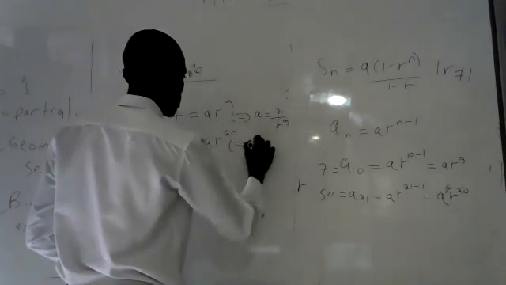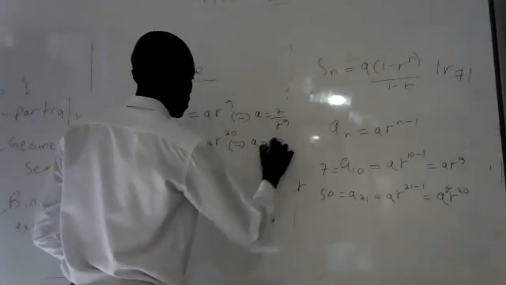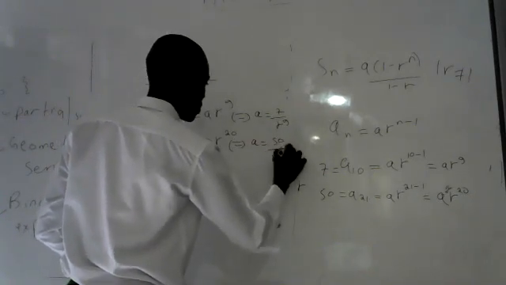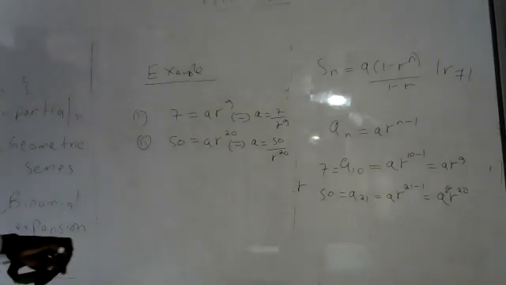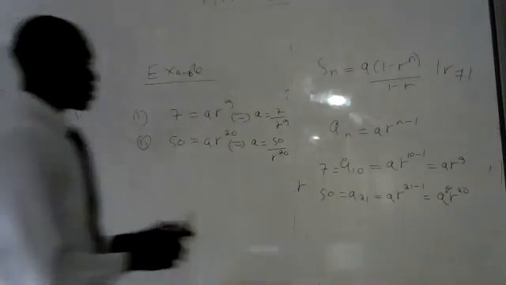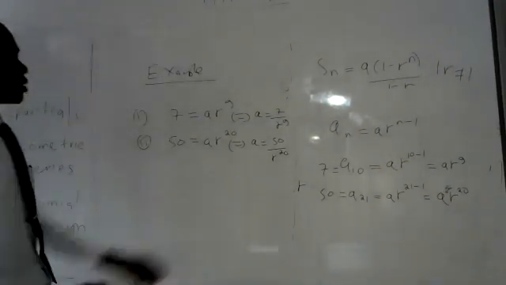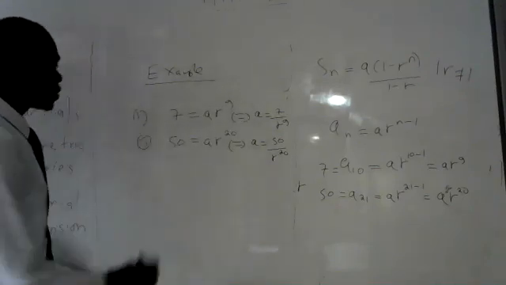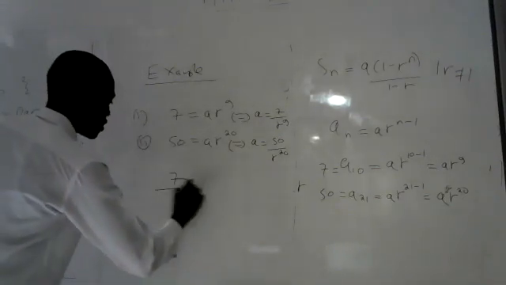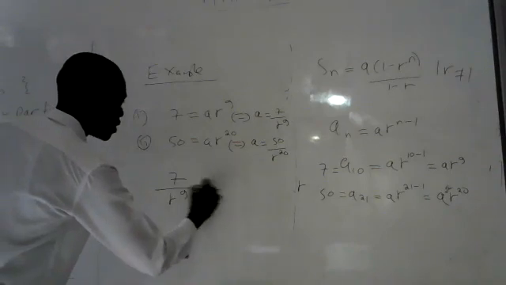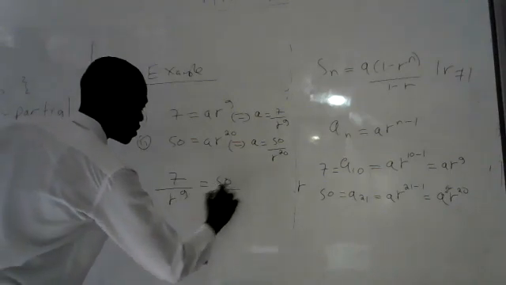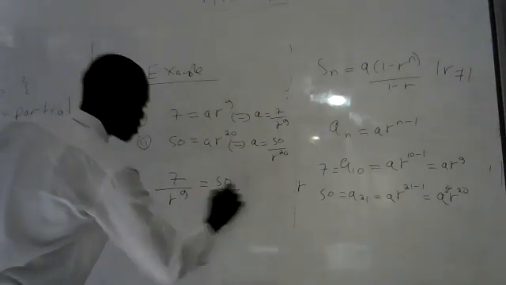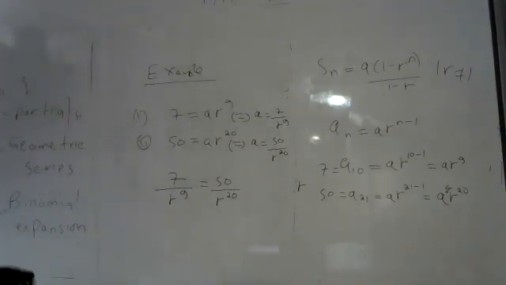This other one means A is simply 50 divided by R to the 20. It is still the same A, so we can equate them. So 7 divided by R power 9 is the same as 50 divided by R power 20. Now from here we can find R.